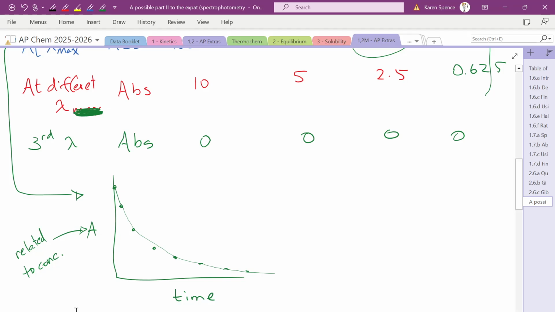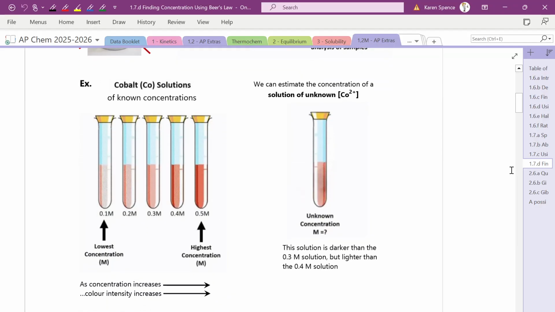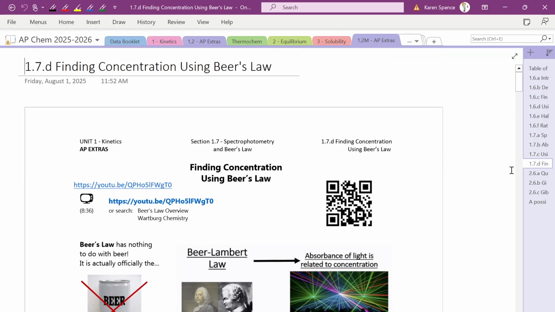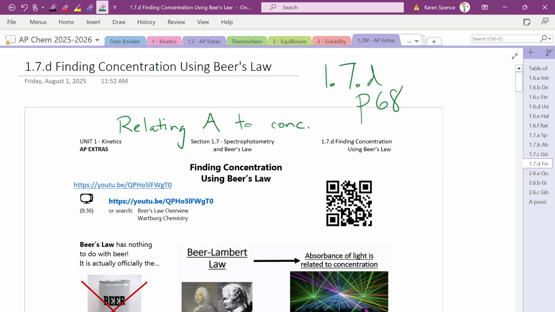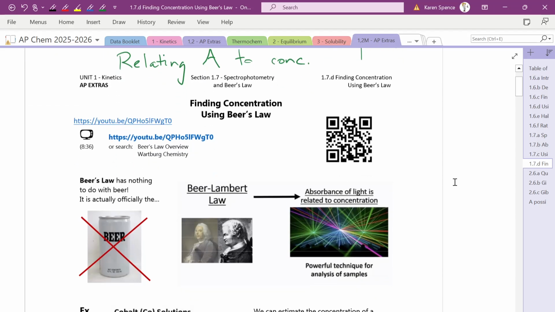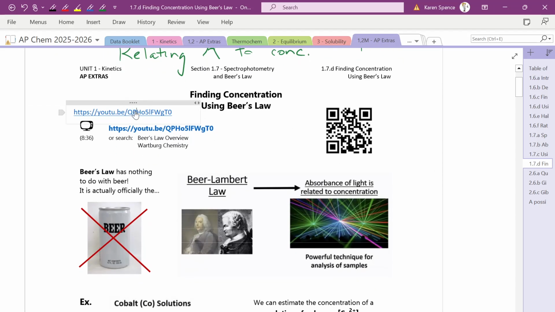So we're going to go on to 1.7D, which is on page 68. This is relating absorbance to concentration. And again, we have a little video here, so let's take advantage of that.